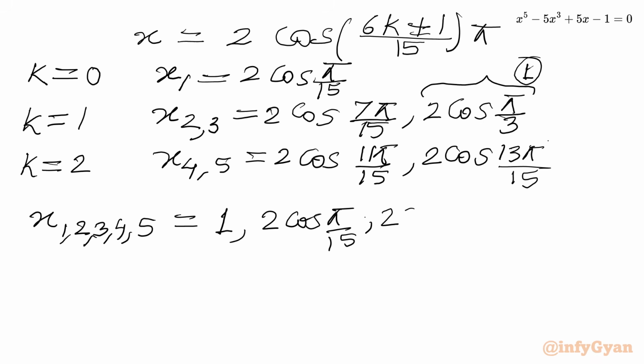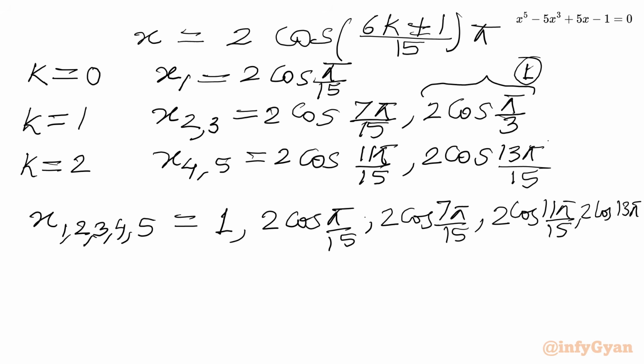Then we have 2 cos 7 pi over 15. Then we have 2 cos 11 pi over 15. And the last solution is 2 cos 13 pi over 15. Here we have all 5 roots of the equation.